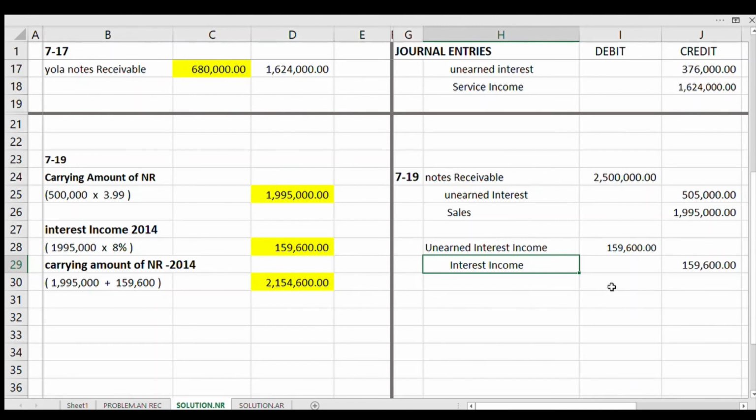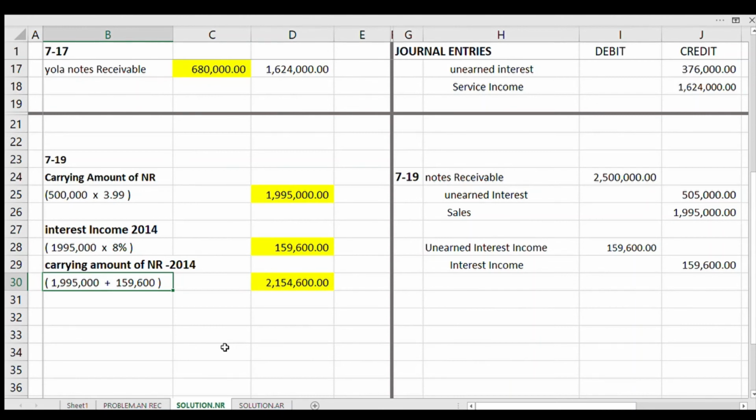So for the first year, from 2013 to 2014, the carrying amount is going to be 2,154,600, because the 1,995,000, which was the carrying amount, is already amortized.